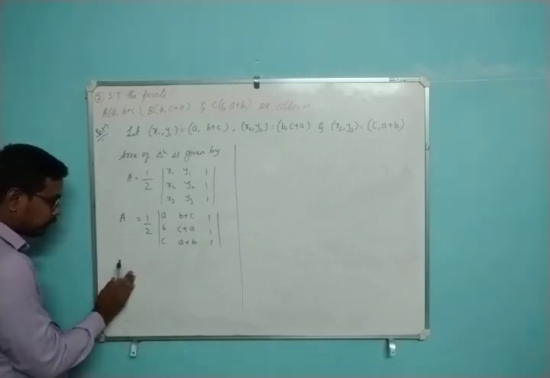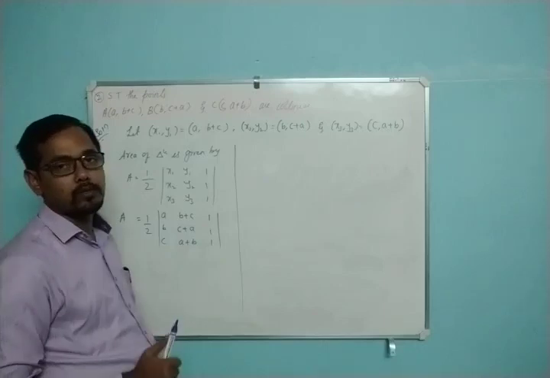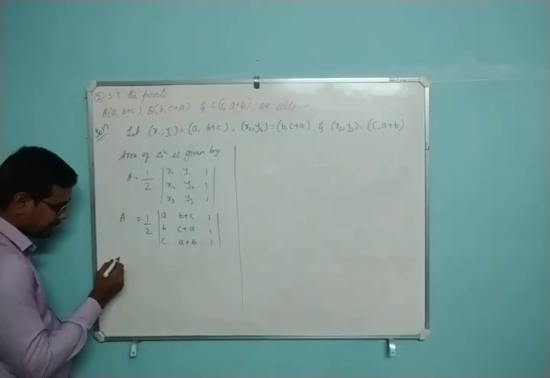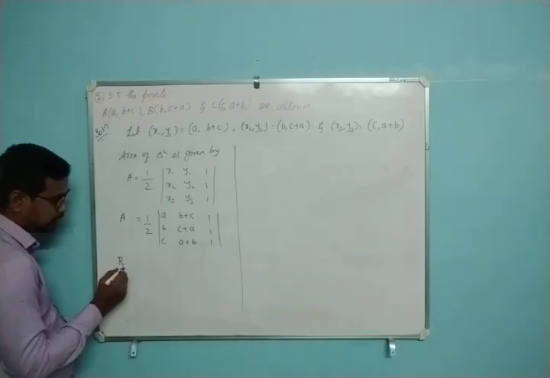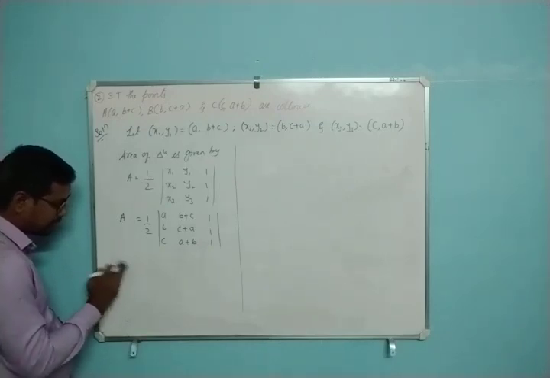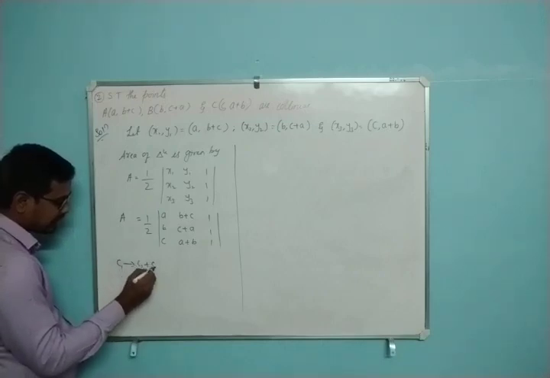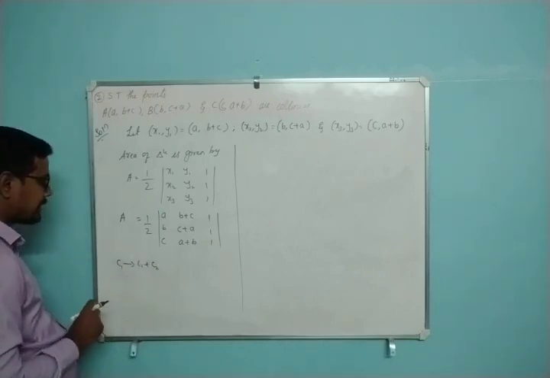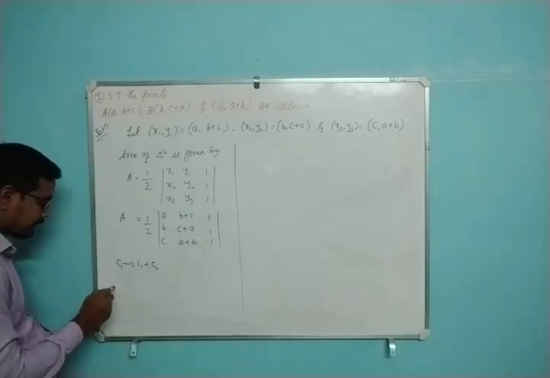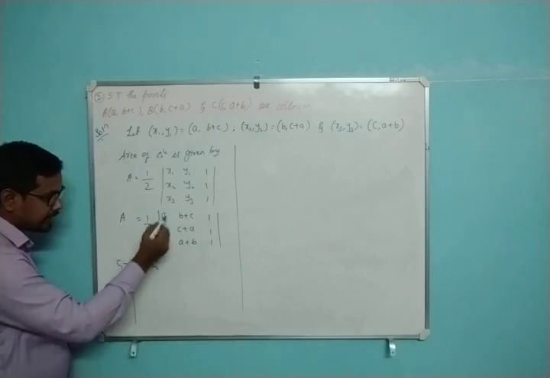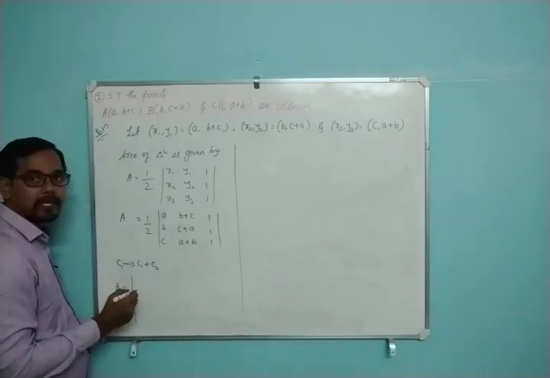So for that I need to go for certain row or column transformations. Column transformations will be better: C1 changes to C1 plus C2. Then C1 is a, and C1 plus C2 will be a plus b plus c.